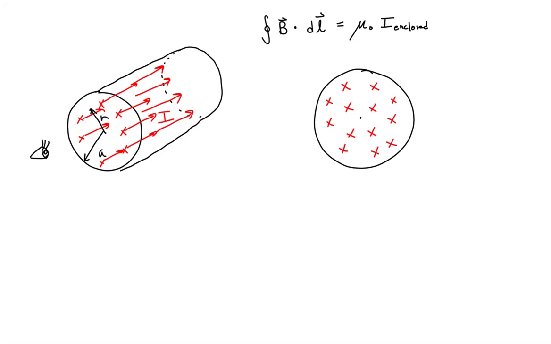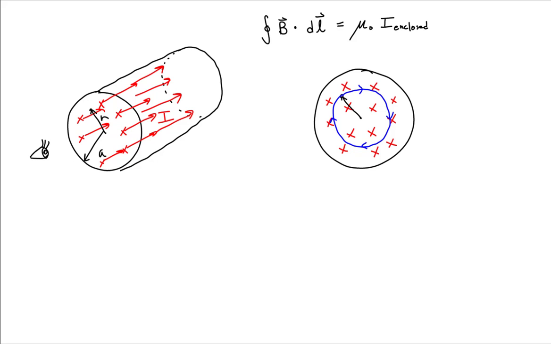So if we were to take the magnetic field due to these current contributions at a distance R from the center of our cylinder, we would see that the right-hand rule would give us a magnetic field line that is centered on the center of the cylinder, and the orientation is clockwise using the right-hand rule.